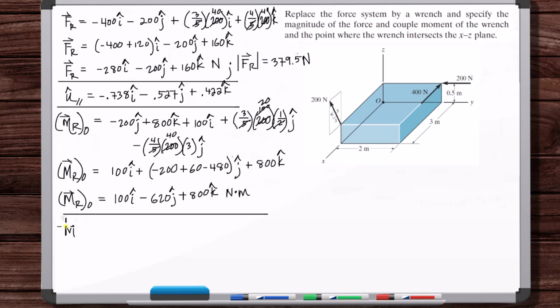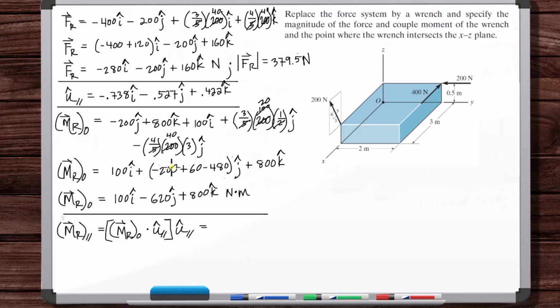So the resultant M parallel, as a vector, is this M_R about O dotted with the unit vector in the parallel direction, but that just gives us the magnitude of the projection, right? We want to then multiply this by the unit vector in that direction to get the vector, right?